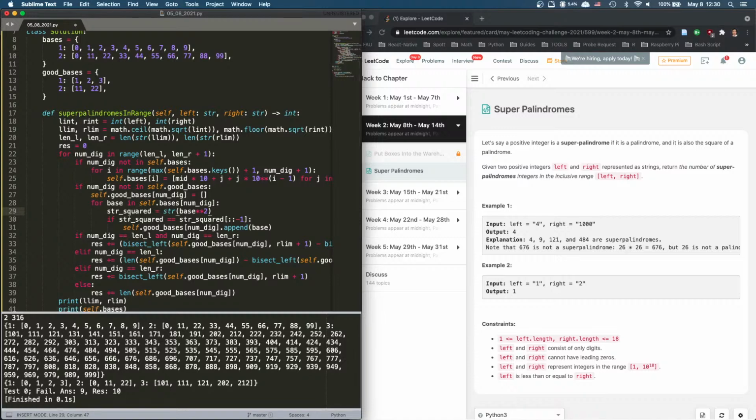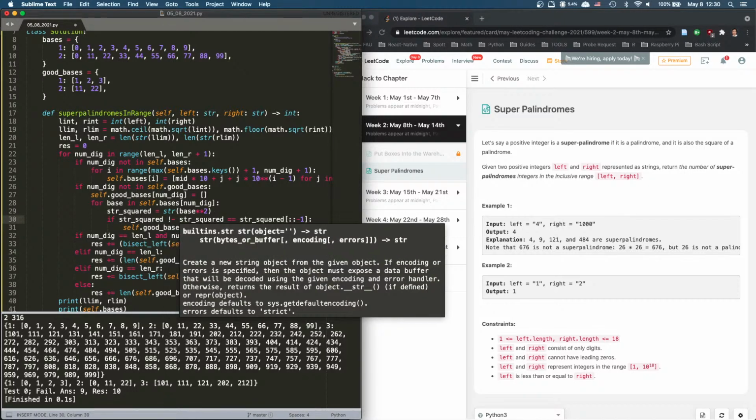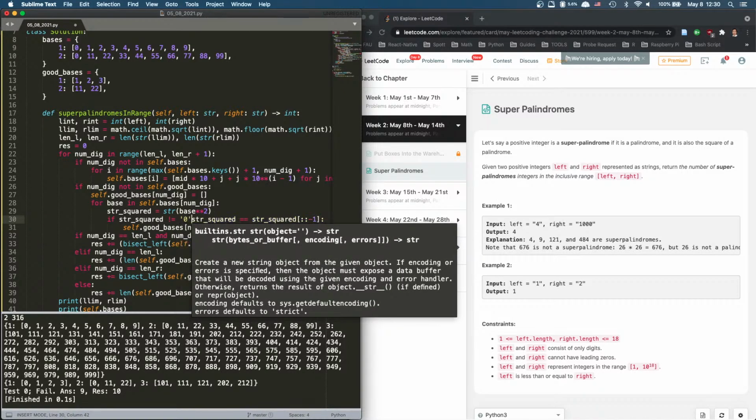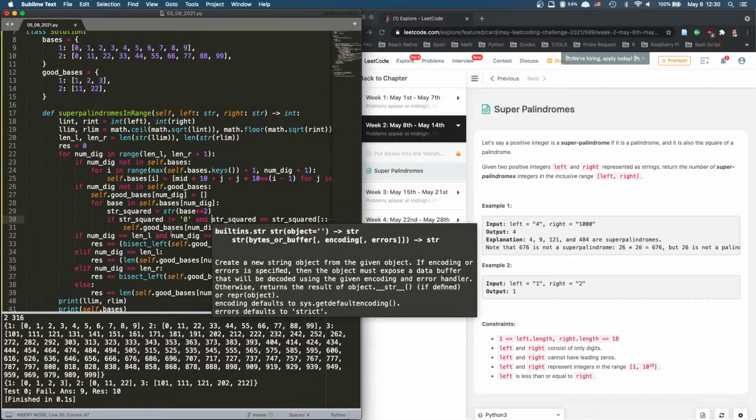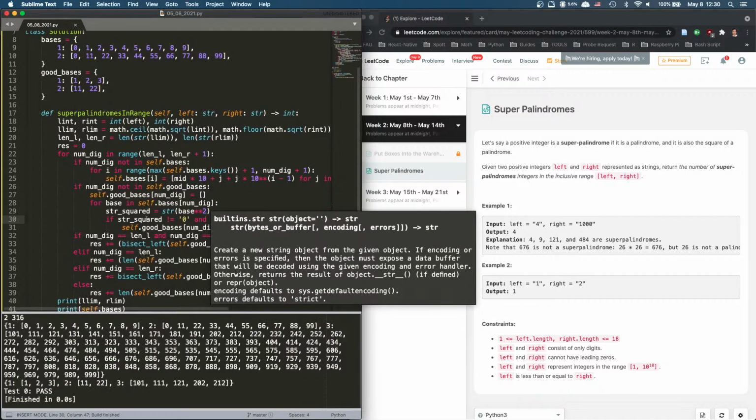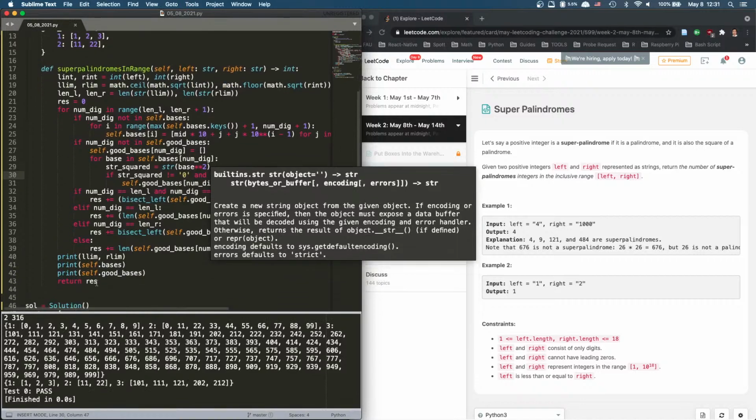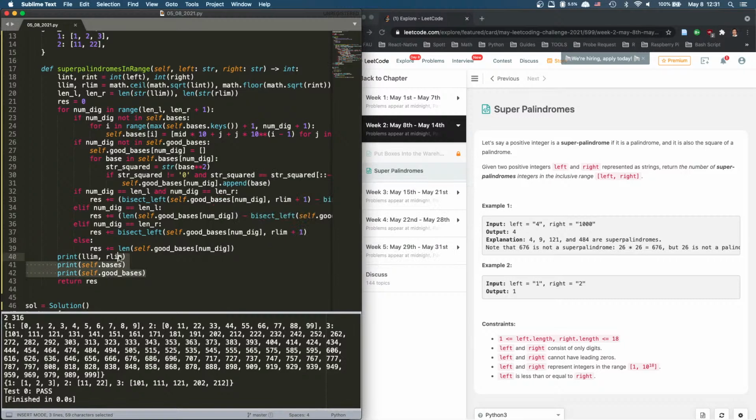If str squared is not equal to zero, but we have to do zero. Yeah, I forgot about zero. That's it. So comment out this. I forgot about zero.